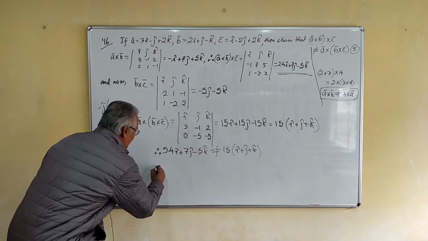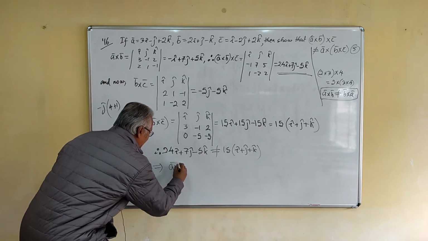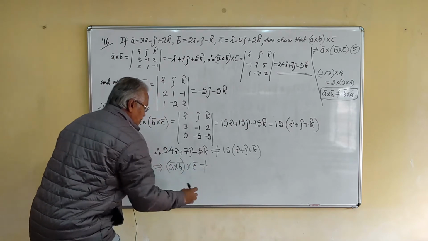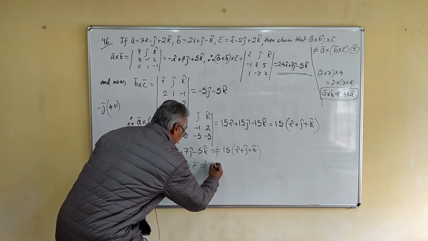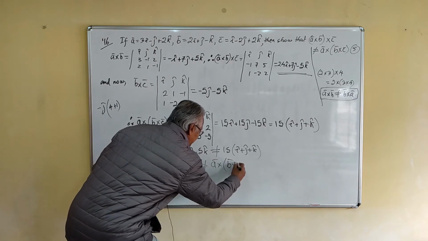Therefore, this will imply that A cross B in the bracket cross C is not equal to A cross B cross C.